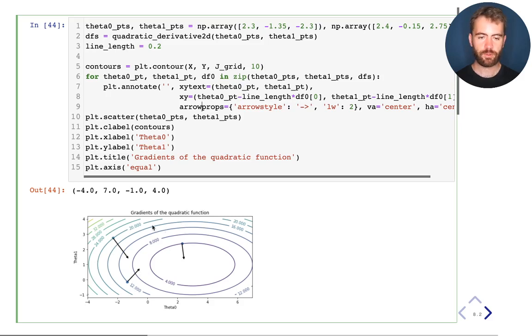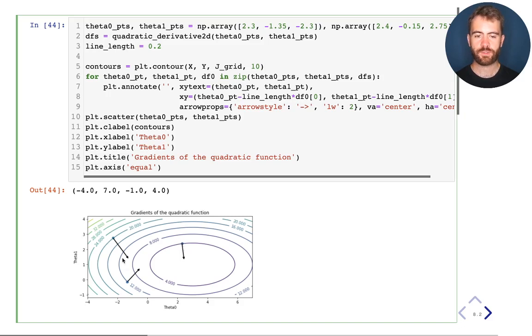Because this is a quadratic function, everything that's inside of this level curve is going to be smaller than, for this one, 20, and in every case the gradient is pointing in a direction in which the function becomes smaller. Furthermore, you can even show using simple calculus that this arrow is pointing towards the direction at which the function decreases most steeply at this point.